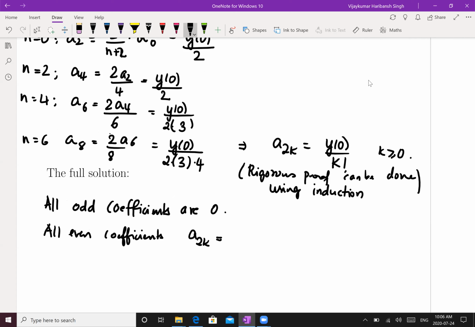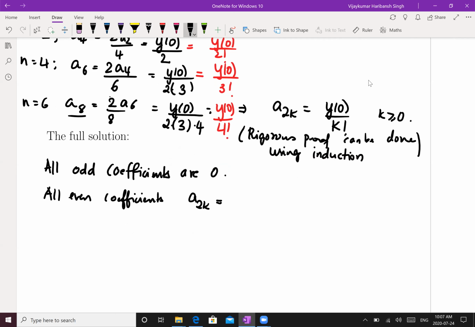What was a8? a8 was y0 by 4 factorial. a6 was y0 by 3 factorial. a4 was y0 by 2 factorial. So a of 2k is y0 by k factorial.